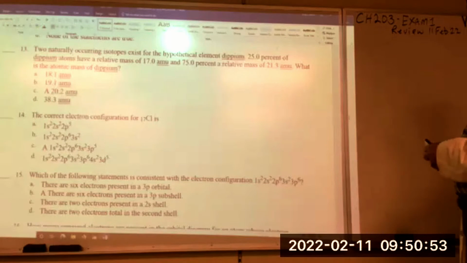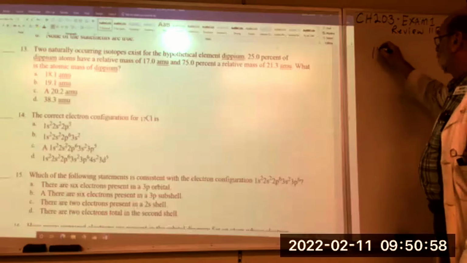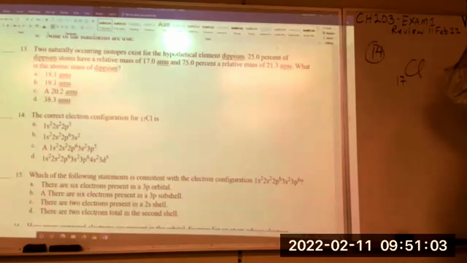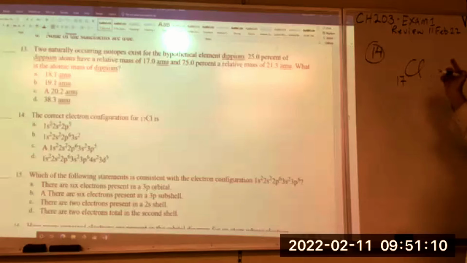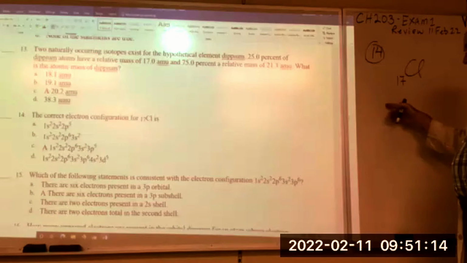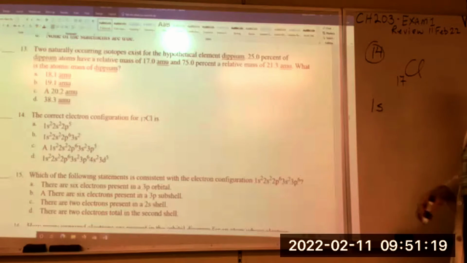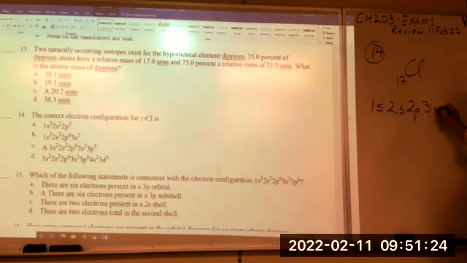Okay, back to our problems. The correct electronic configuration for this element, right? Chlorine, right? 17 protons. It's neutral, so it has to have 17 electrons. So you remember how to write out the shorthand, right? The lowest energy is 1s, then you have 2s and 2p, 3s, 3p.